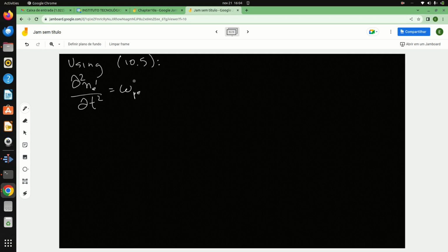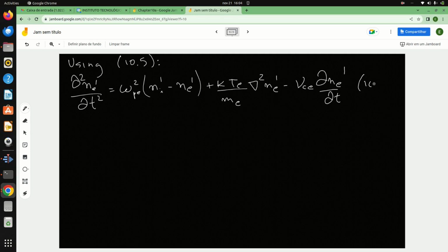Electron plasma frequency will appear here, and I minus NE plus KTE over ME Laplacian of NE prime minus nu CE del NE del T. And this will become minus pi.